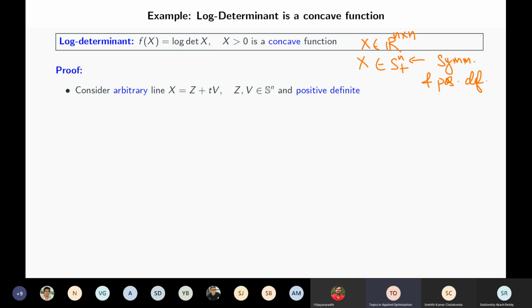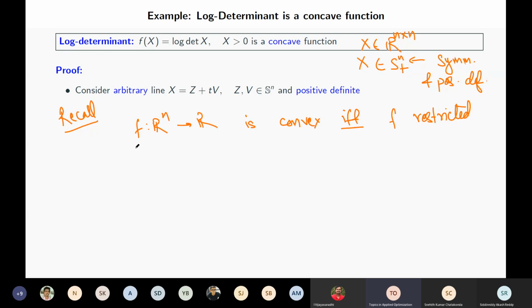So to prove this, we will use the result that we have proved before. f from Rn to R is convex if and only if f restricted on an arbitrary line in Rn is convex.